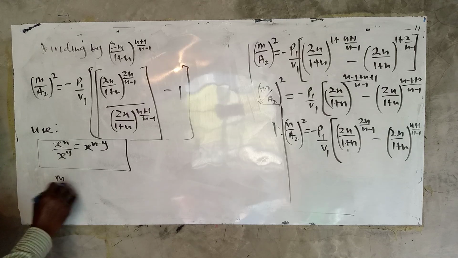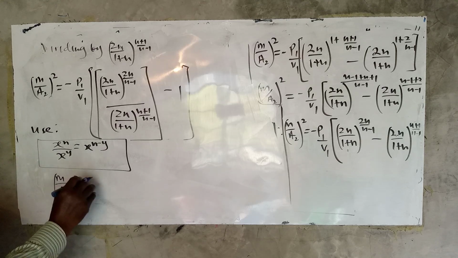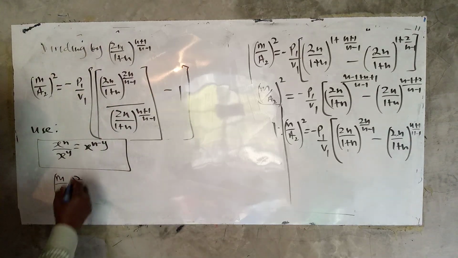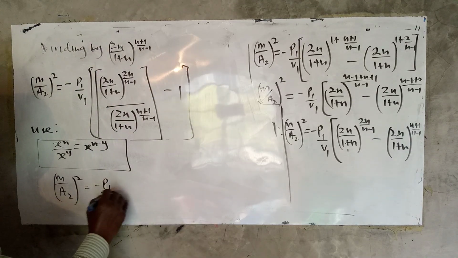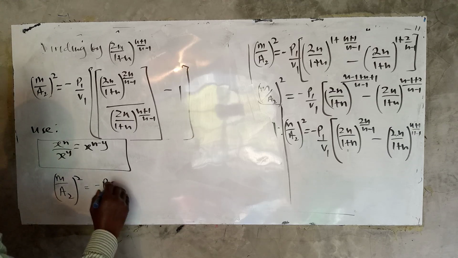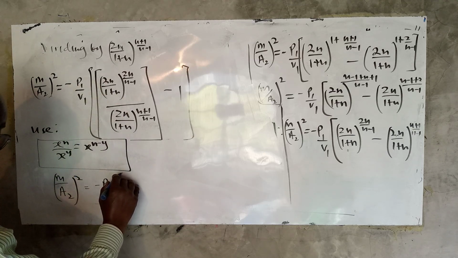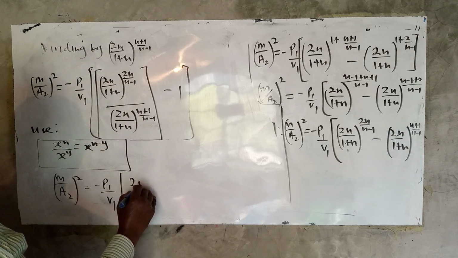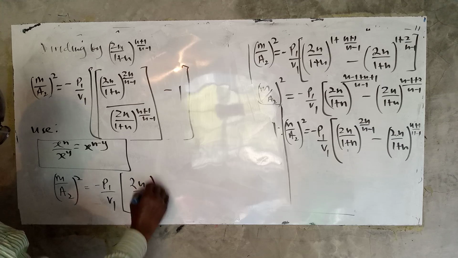So we'll have m over a2 squared. Just using the identity to simplify, it will be equal to minus p1 over v1 into 2n over 1 plus n.